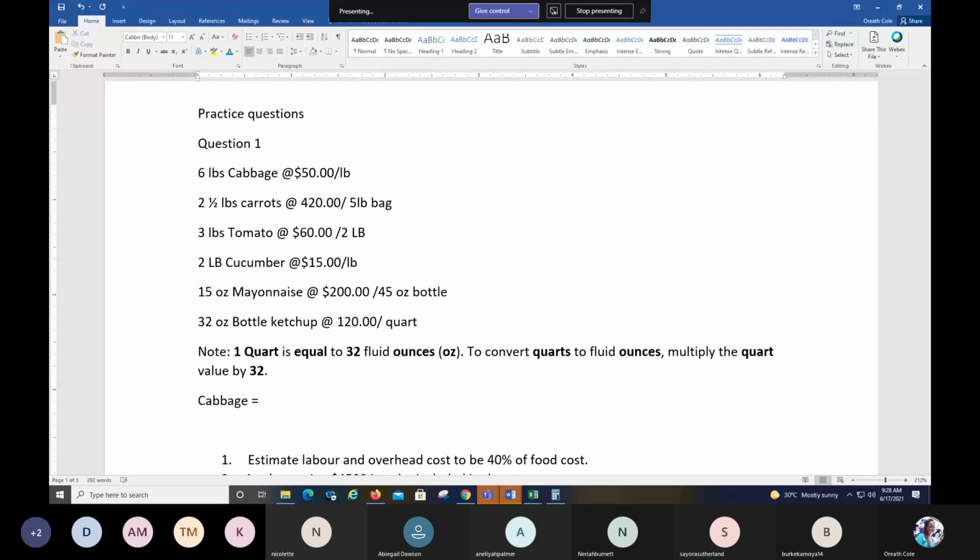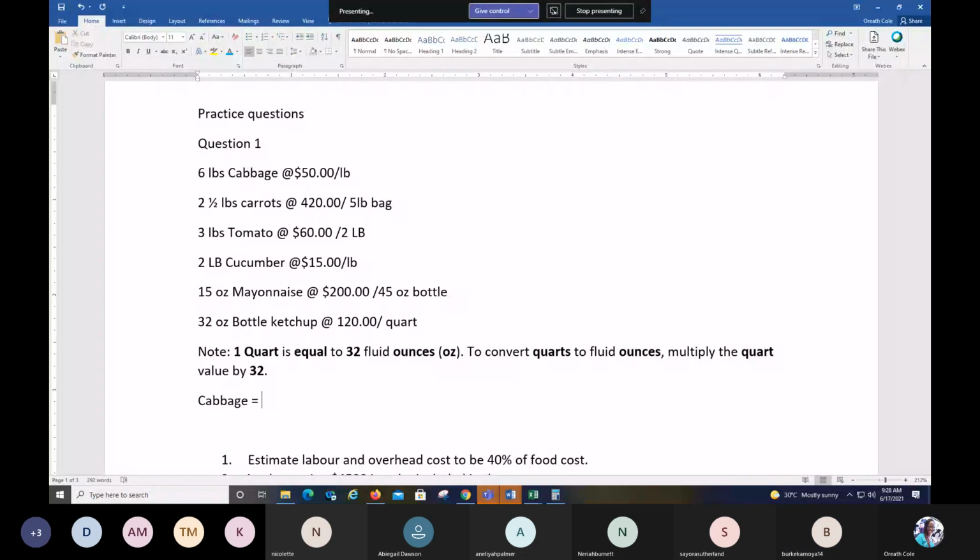All right, so let us work out the first one, which is cabbage. How are we going to calculate cabbage, everyone? Miss, can I explain what this falls under? Like a formula for this one? There is no specific formula for this, dear.